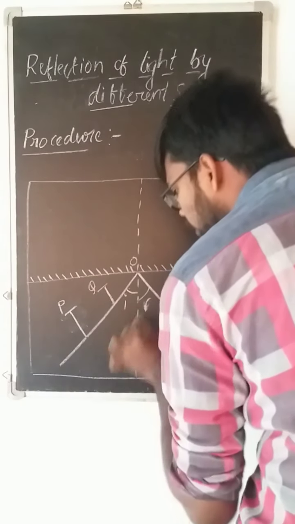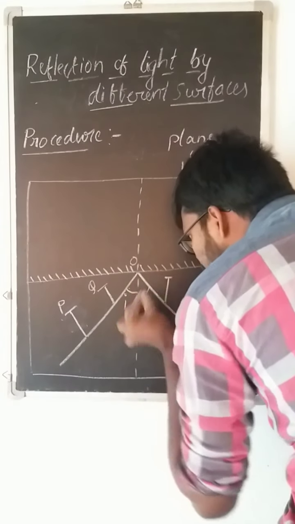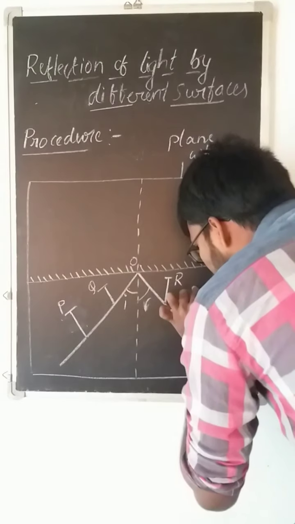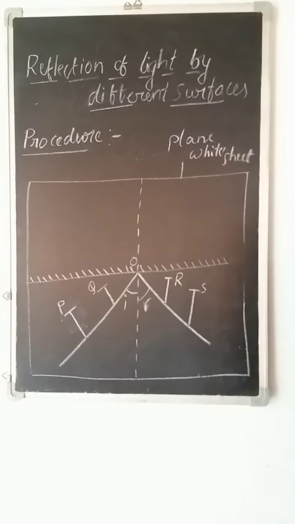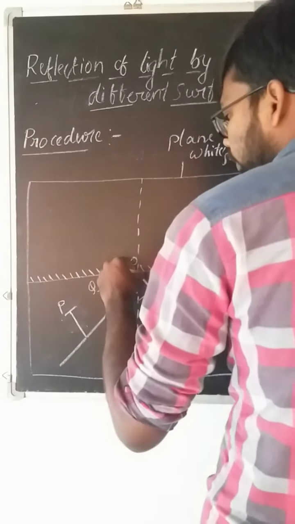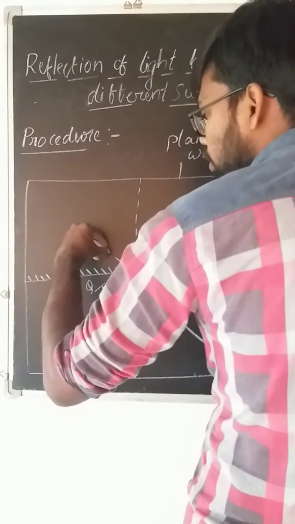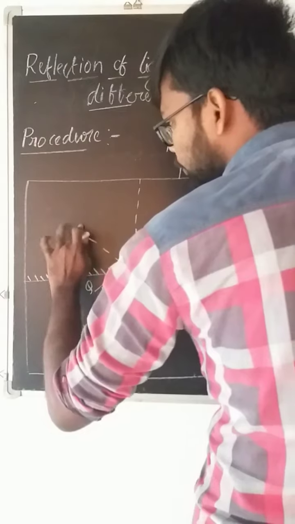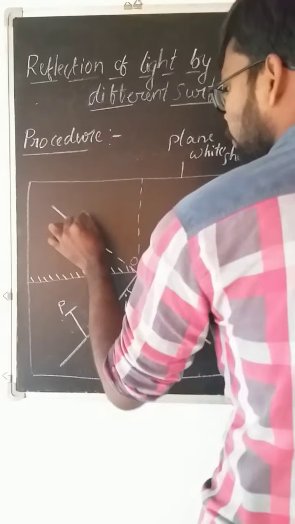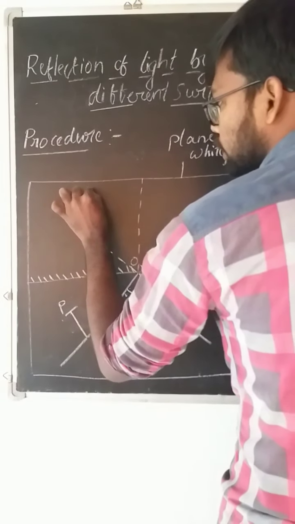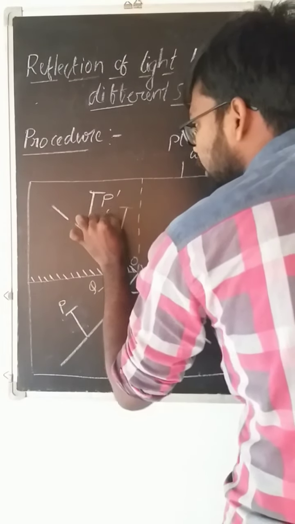This one is R and this one is S. Images of PQ are R, S. But if we draw from the normal, the alternative images of P, Q will form here as P dash as well as Q dash.